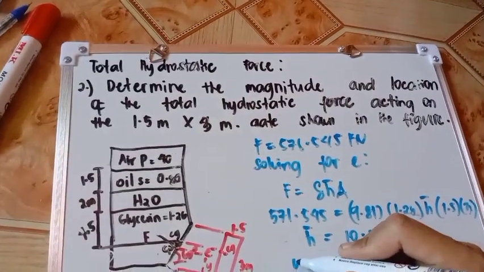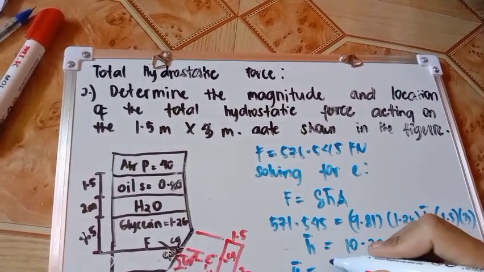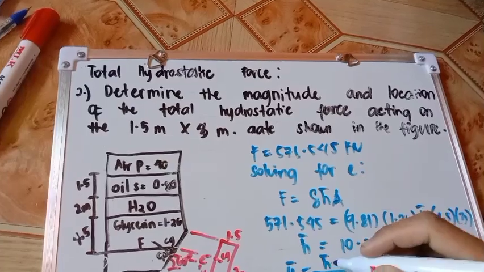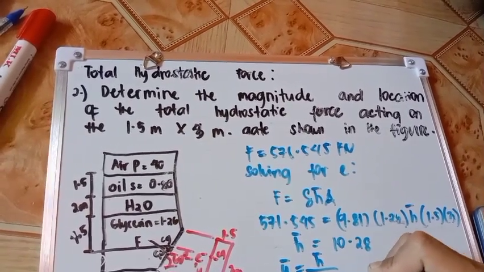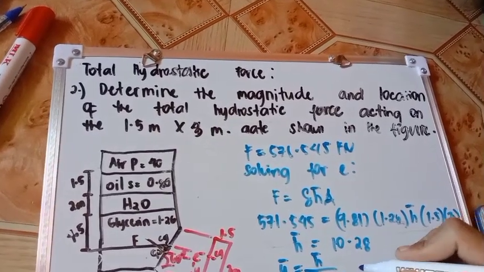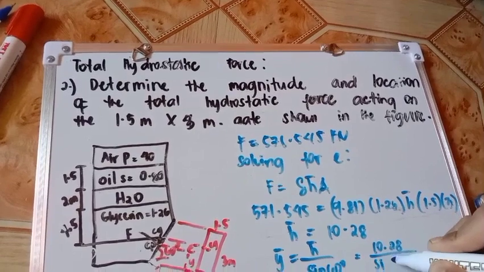So bar Y na po. Bar Y is equals to, since naa man tayo given nga theta, bar H over sine 60 degree. So atong bar H is 10.28 over sine 60 degree.